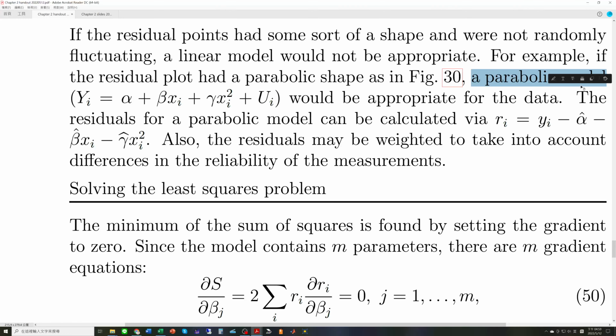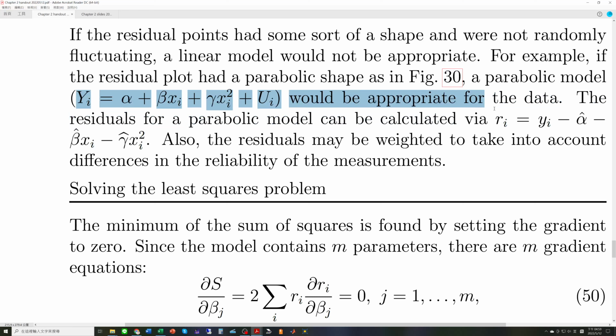A parabolic model Yi is equal to alpha plus beta times xi plus gamma times xi squared plus ui would be appropriate for the data.